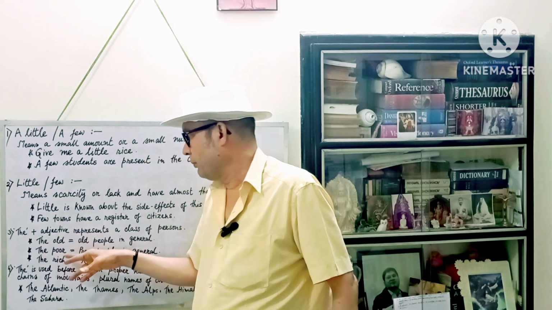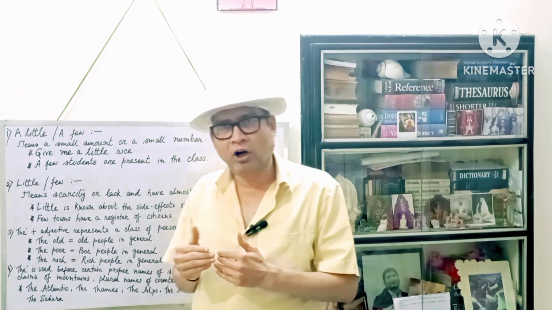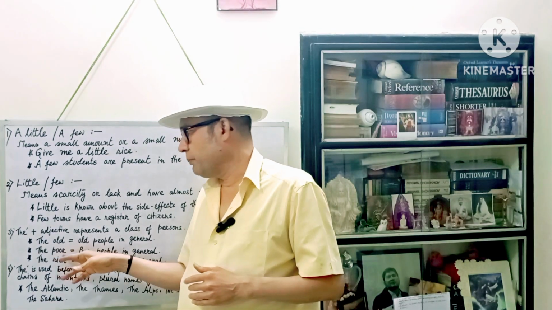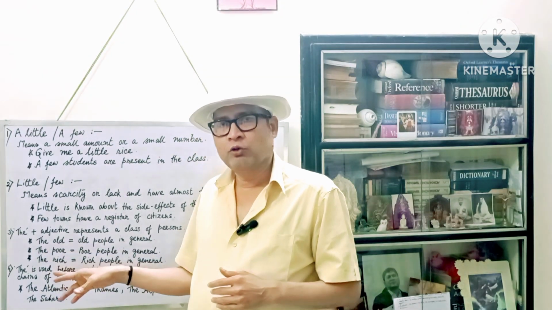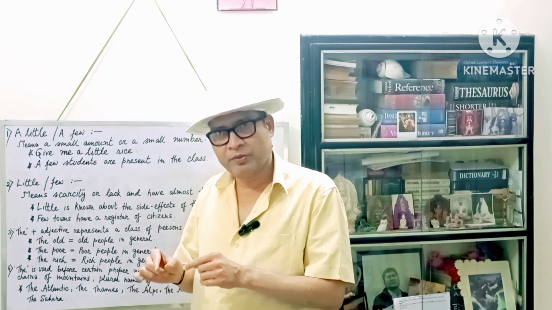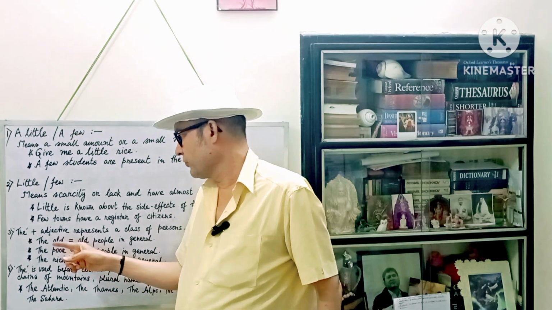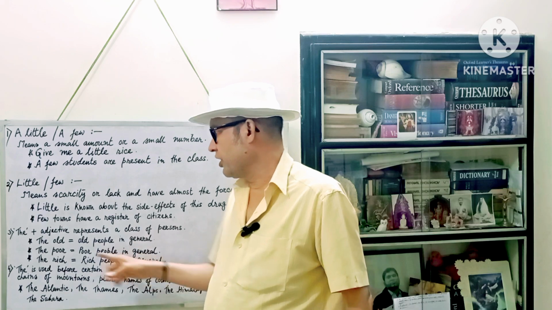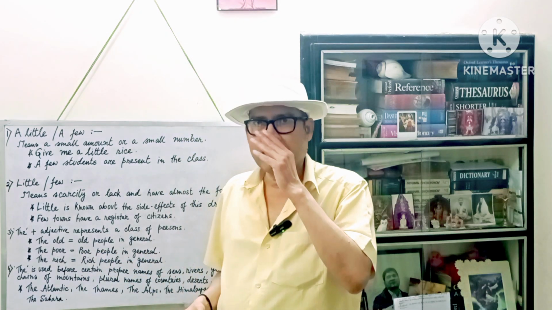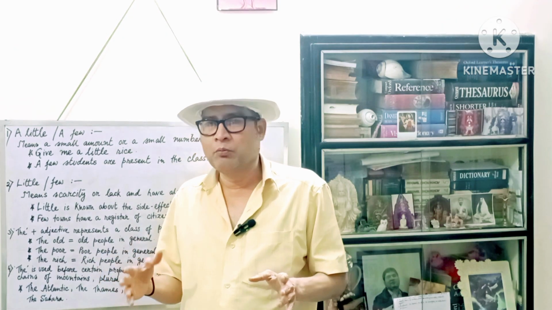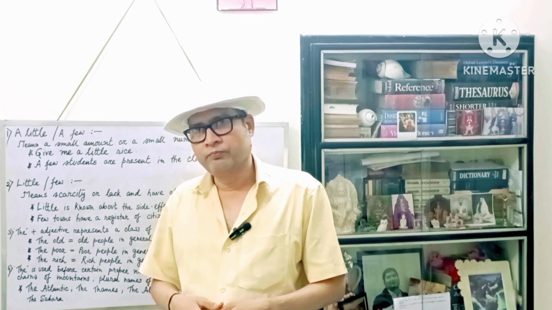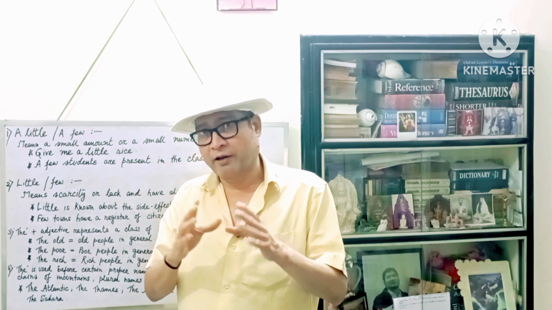Next one, the poor. The poor itself has the plural effect. Therefore, we will be using the simple present form of the verb, without any s or es. Poor people in general. For example, the poor are mostly honest. Mark this language, okay?